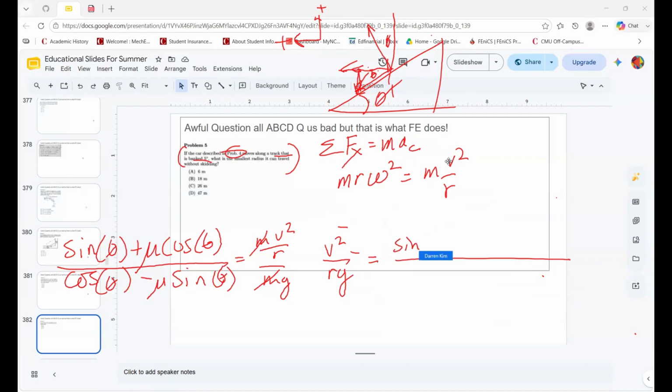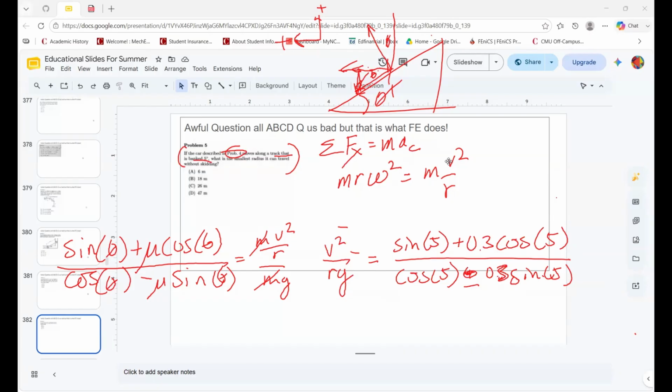Sine 5 plus whatever mu is, which was 0.3, cosine 5, over cosine 5 minus 0.3 sine 5. Let me just grab my calculator and do the math over here. Obviously v equals 10, so 10 squared.